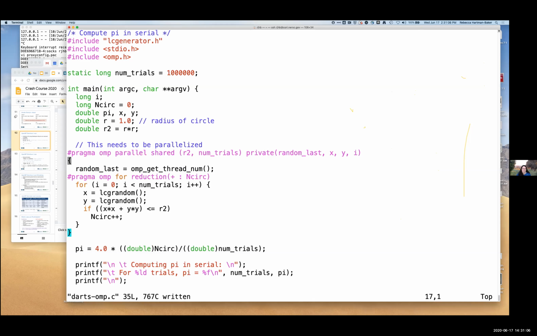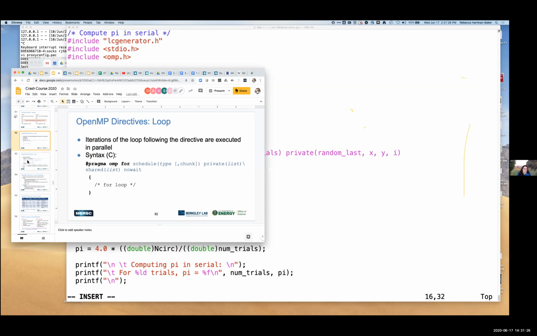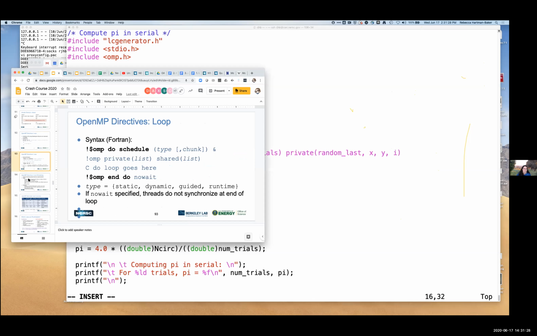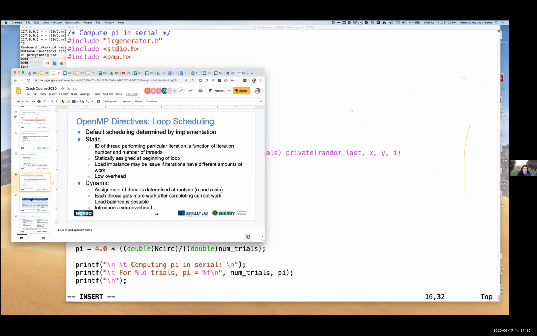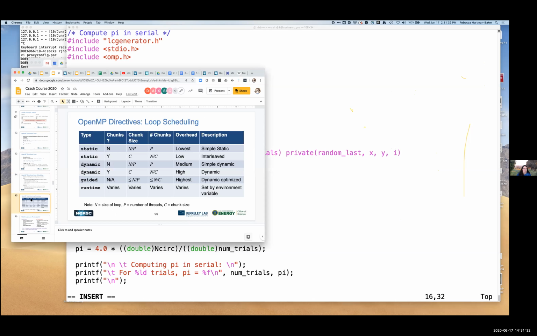Okay, so let me put it, let's see, parallel schedule. Okay, what kind of schedule do you want? Anybody? Dynamic? I like dynamic. Let's see if we can get it going. Y'all are challenging me here. Okay, dynamic. Do we want a chunk size?